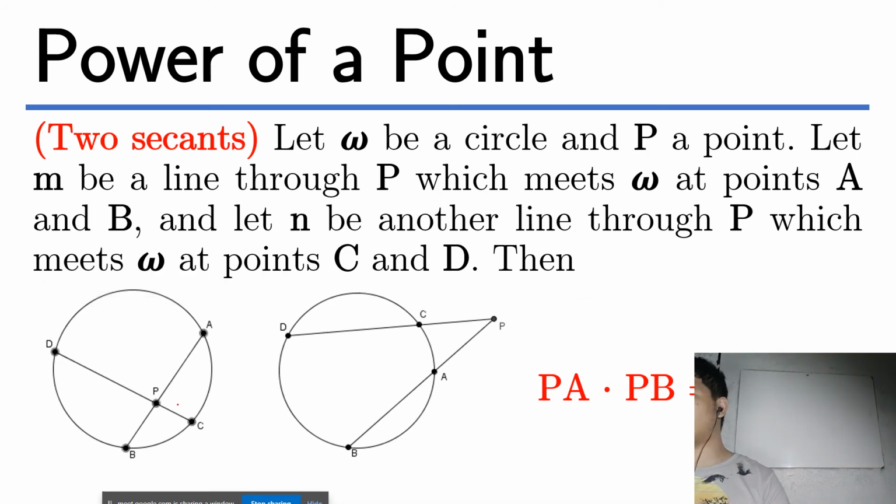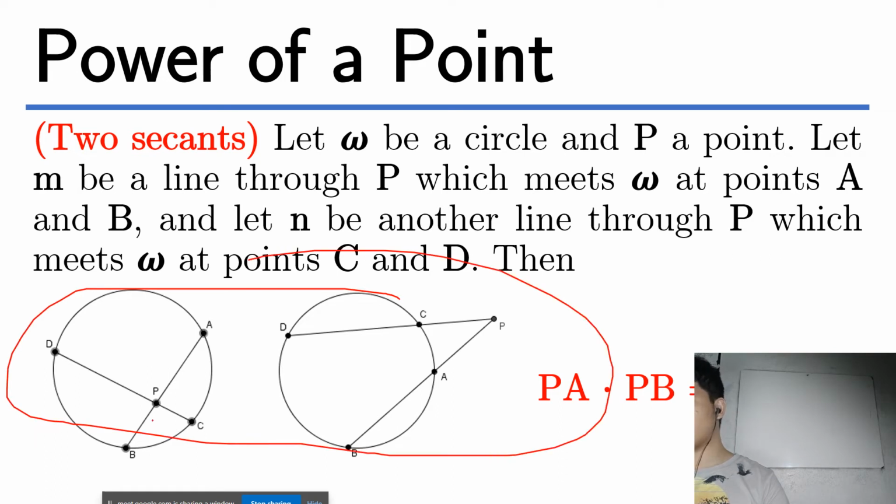Let M be a line through P, which meets omega at points A and B, and N be another line through P which meets omega at points C and D. Ayan, then, for any of these two cases, PA times PB equals PC times PD. Okay?